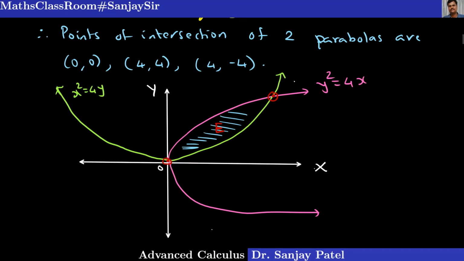The coordinates of these points are 4, 4, and this point is origin, which is 0, 0. This point is not possible here.